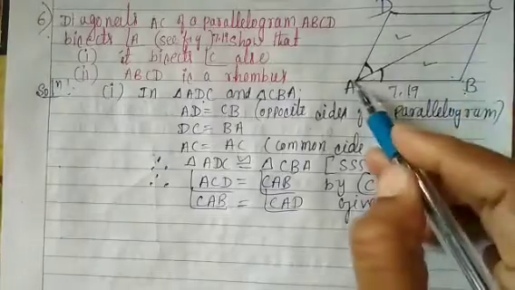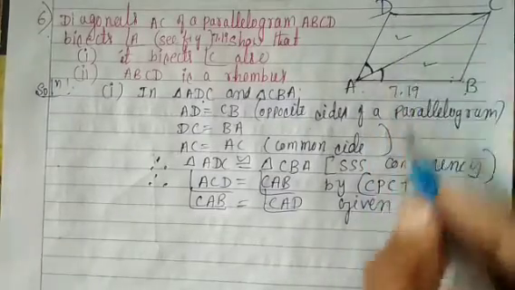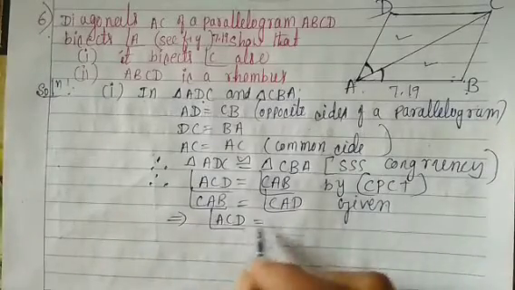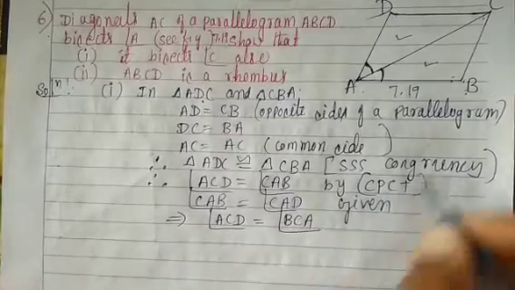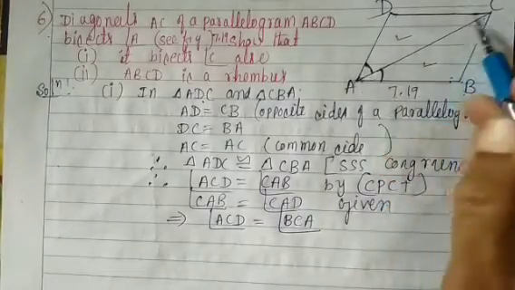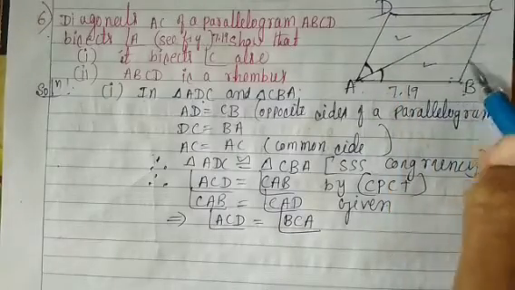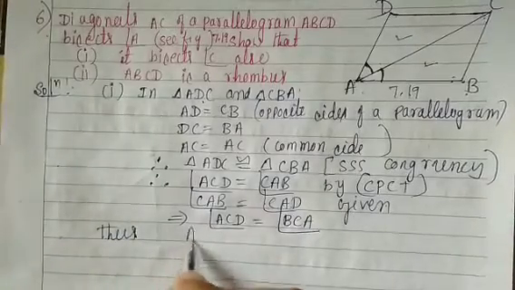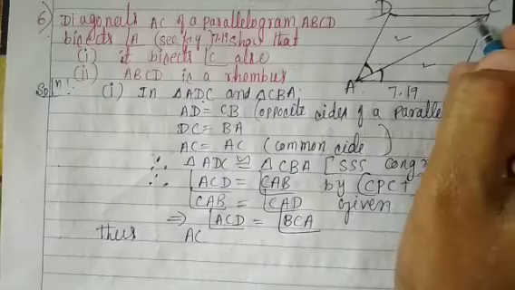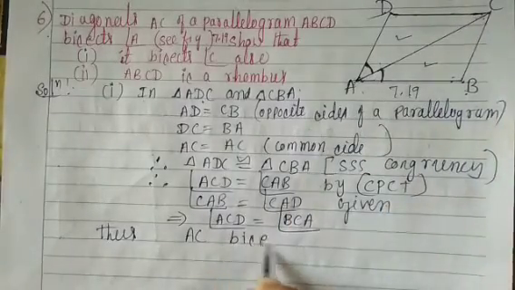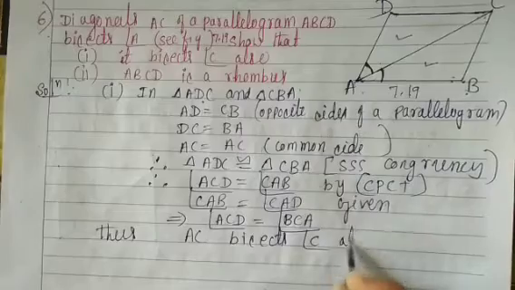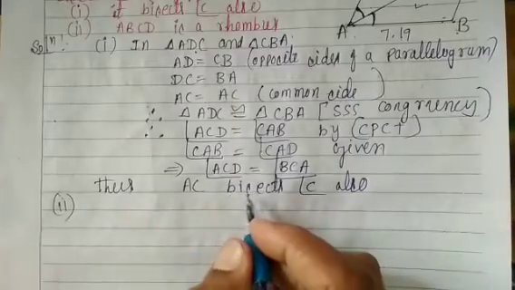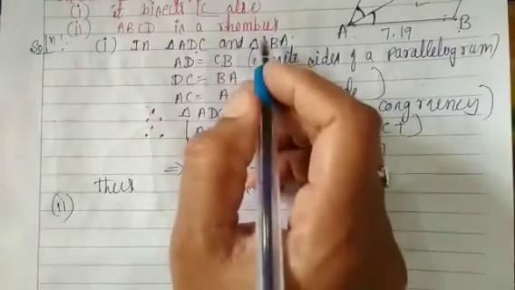Therefore, angle ACD is equal to angle BCA. So, thus, AC bisects angle C also. Next, second one, we can prove that ABCD is a rhombus.